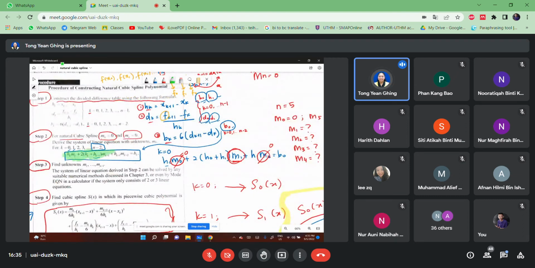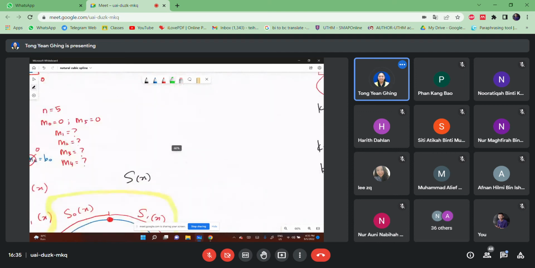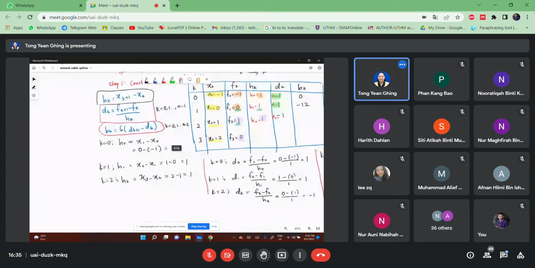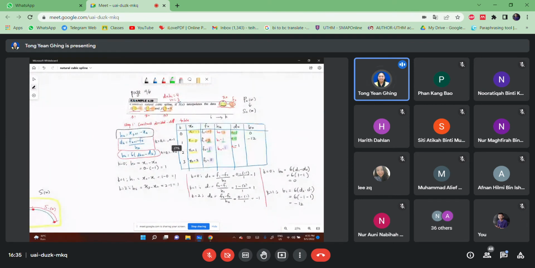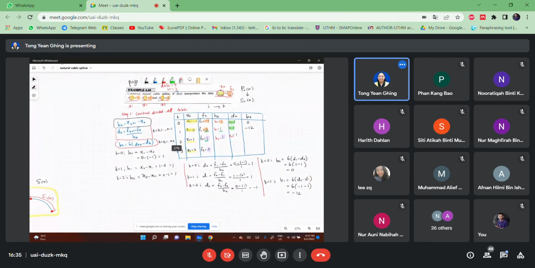We substitute all the values, and then find the unknown M. So now our N is 3.